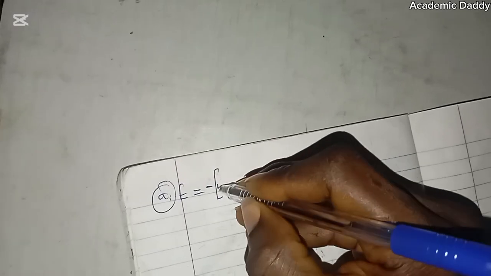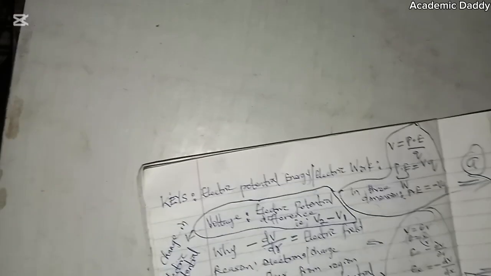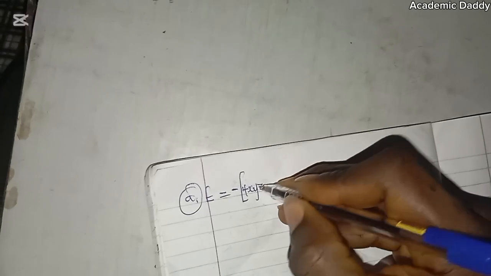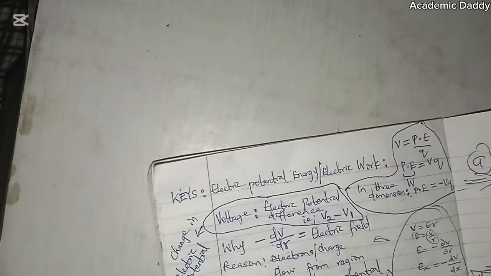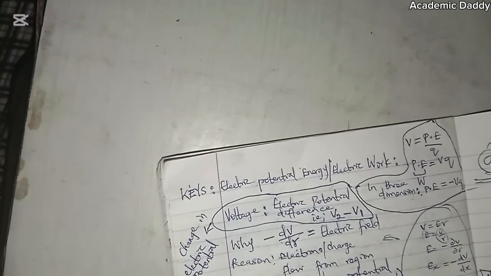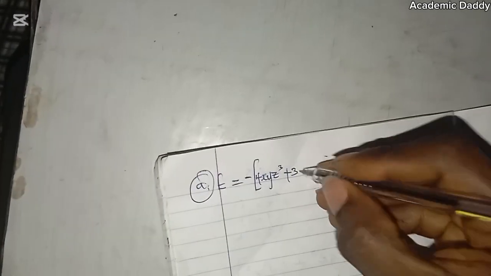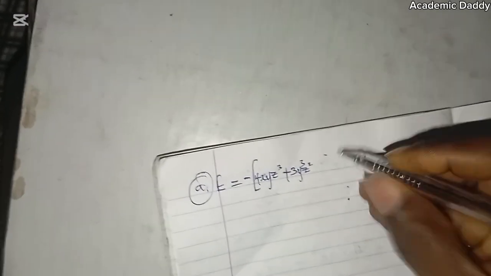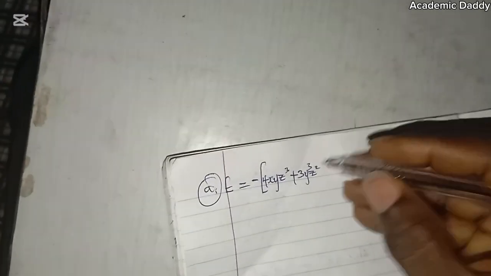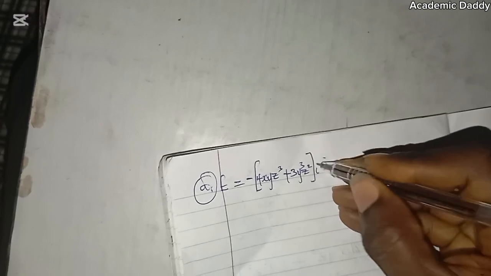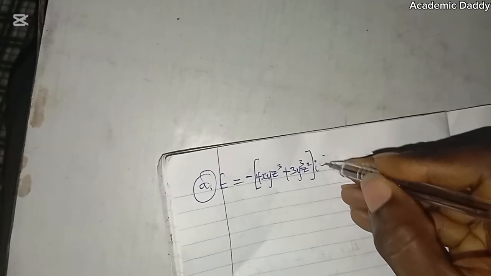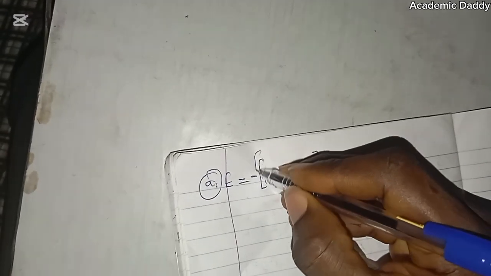Minus, into 4, I'll reduce my 100 to 4xyz^3 plus 3y^3z^2 i, plus, okay, see how I'll do this now. I'm putting minus because the minus is for all of them.